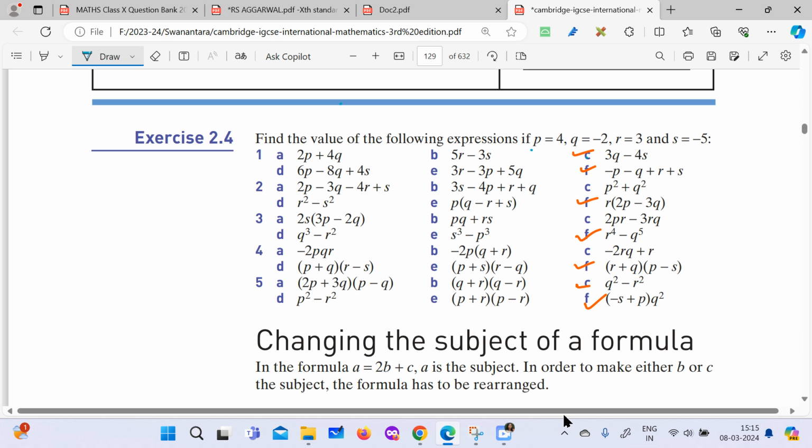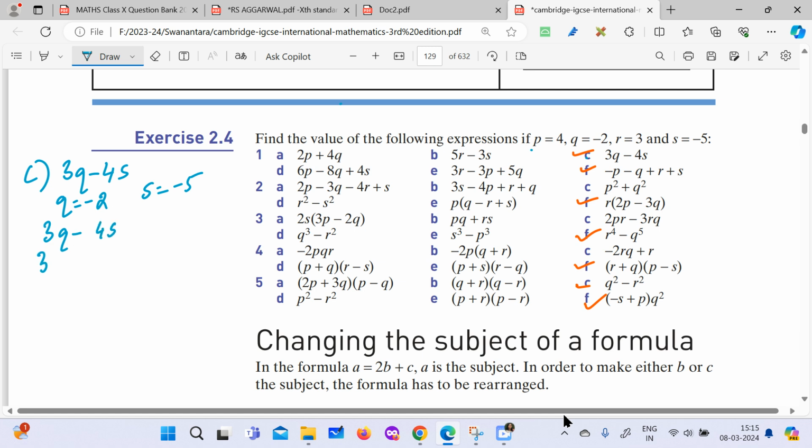So let's start with the C part. So C is 3Q minus 4S, where Q is given as minus 2, S is given as minus 5, right? So we can substitute 3Q minus 4S with these values.